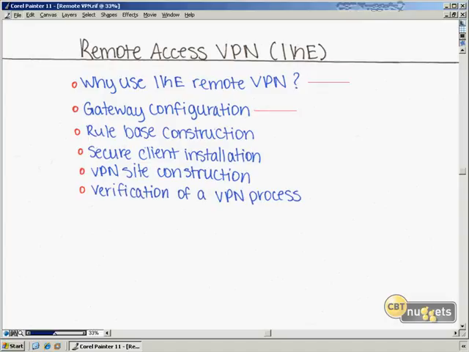We looked at our actual rule-based construction, where we built a brand new rule to allow this traffic to be encrypted, and we looked at our VPN community that we configured to also allow this construction to work through the VPN process. And then we looked at the actual secure client installation, where we installed this on a host and then connected to the external IP address of our B firewall to get the connection in place.